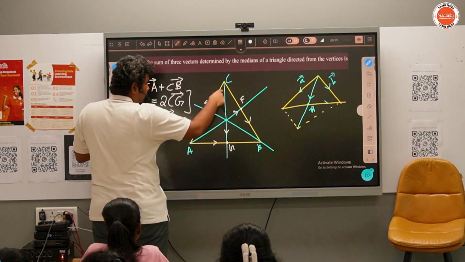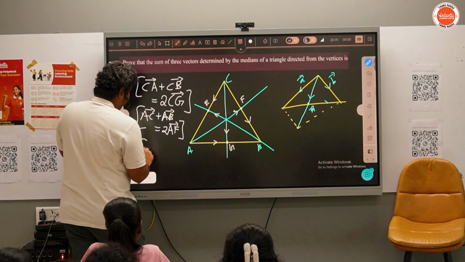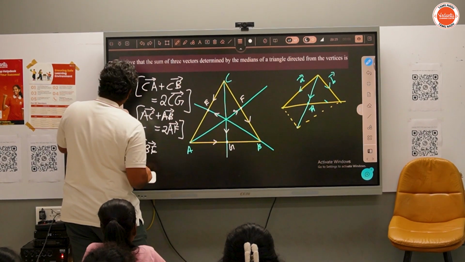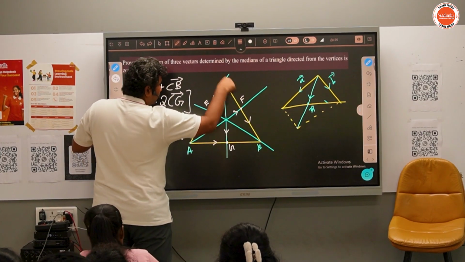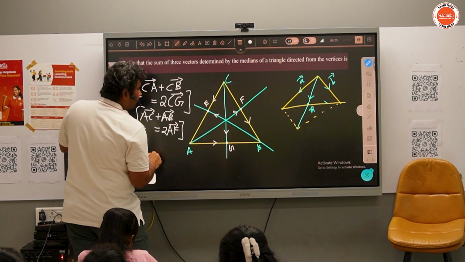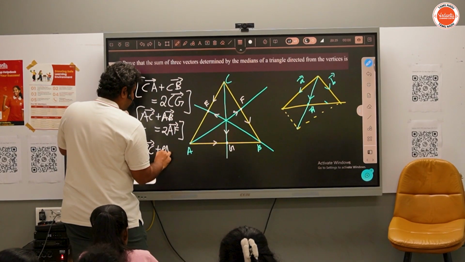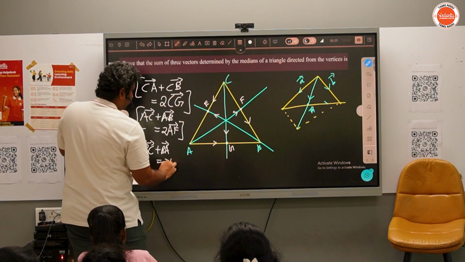அதே மாதிரி BE vector, what about BE vector? 2 times of BE vector is going to be BC vector plus BA vector.